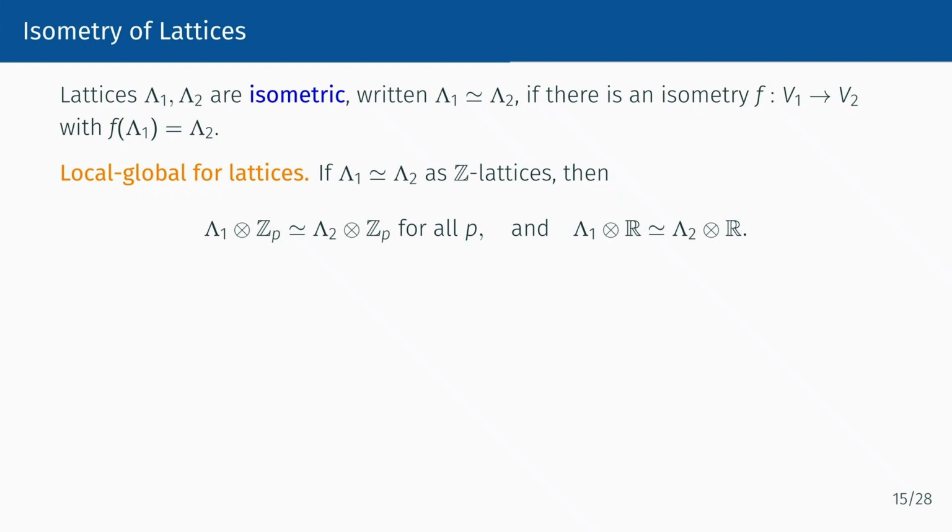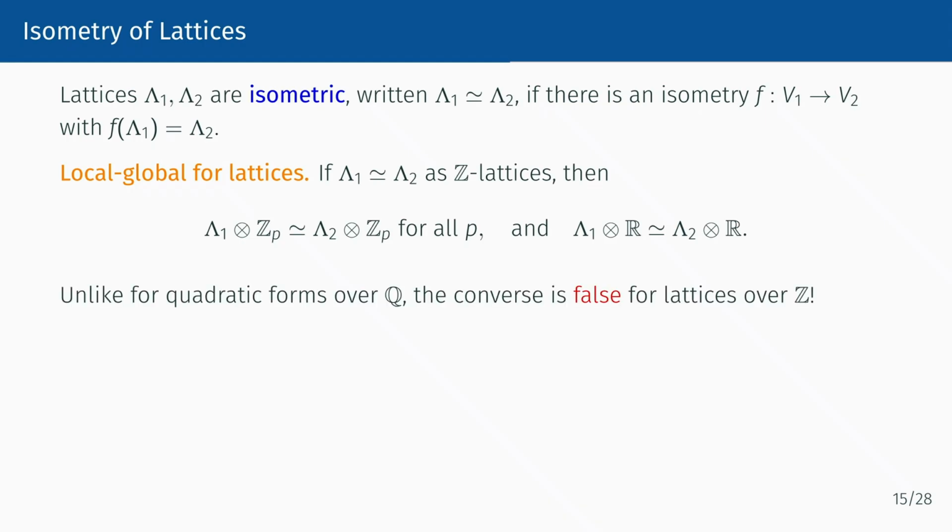So we know, same as we did for vector spaces, that if there's an isometry between two lattices over Z, then they're also isometric over Z_p, the p-adic integers, for every p, and they're also isometric over Q or over R, right? But unlike over Q, the converse fails.